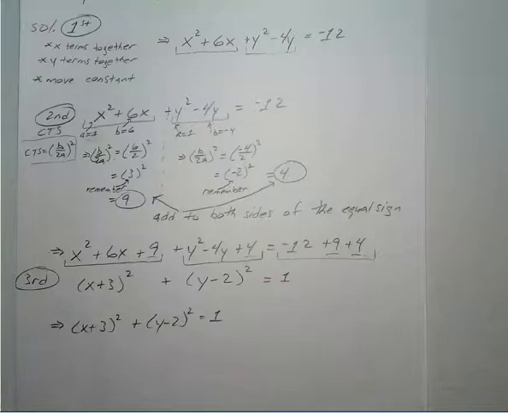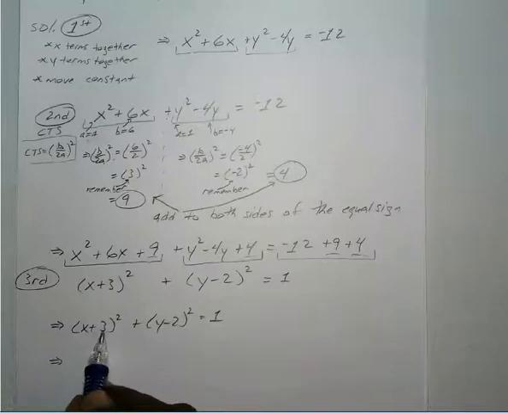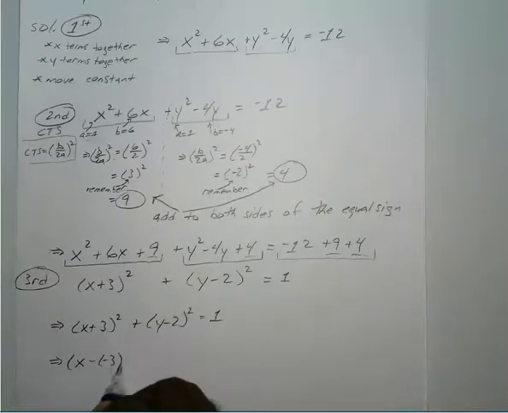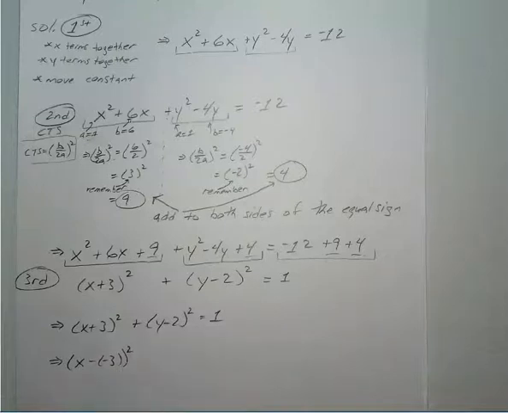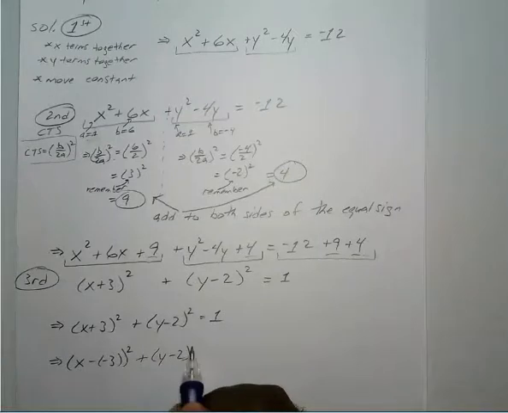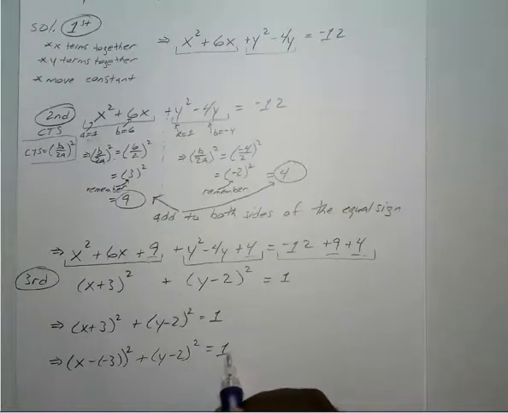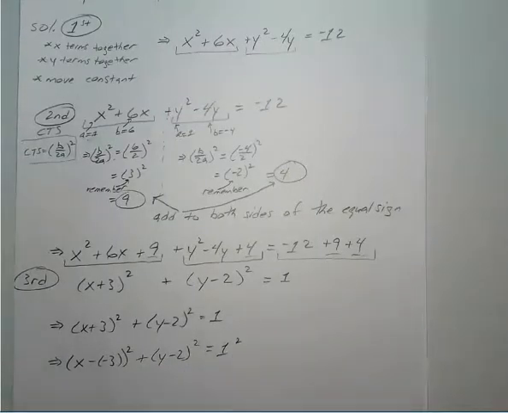Now, if we want to find the center and the radius, we have to do a little bit of work here, because they have to be in the form x minus h. So that's x minus negative 3 squared plus y minus 2 squared equals 1 squared.